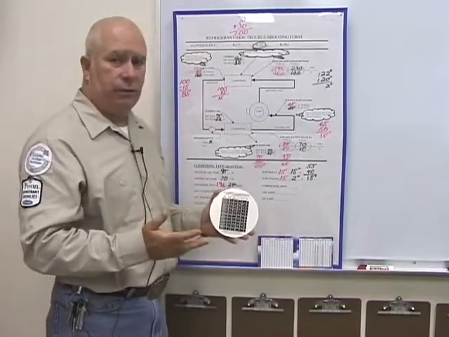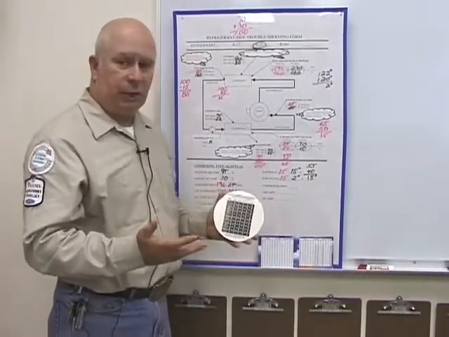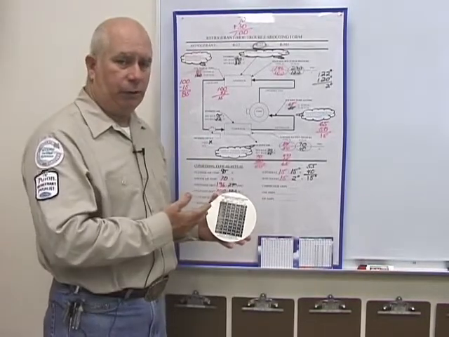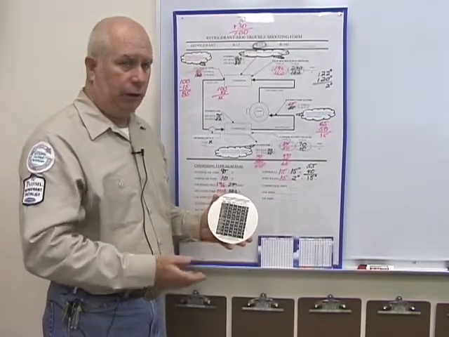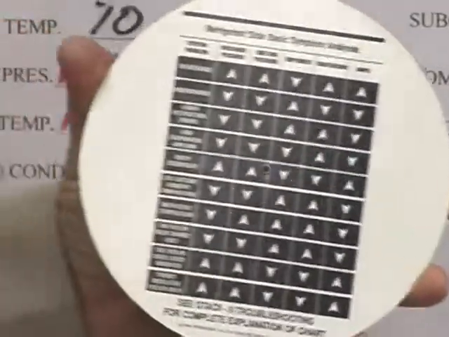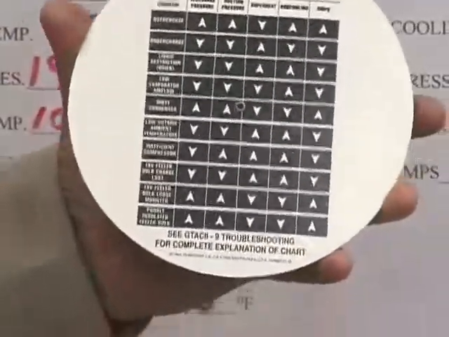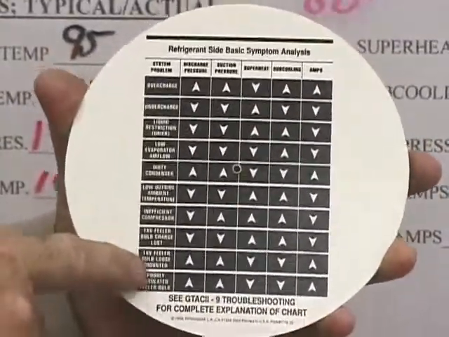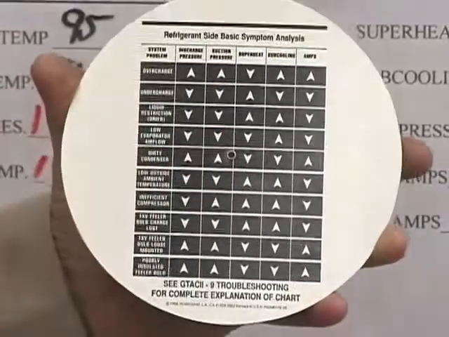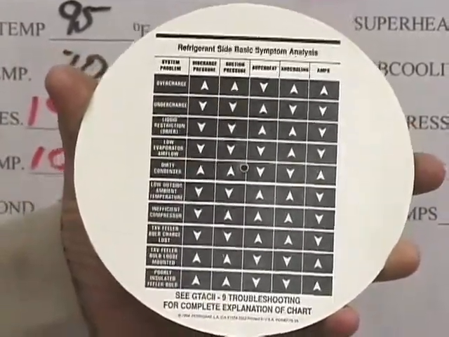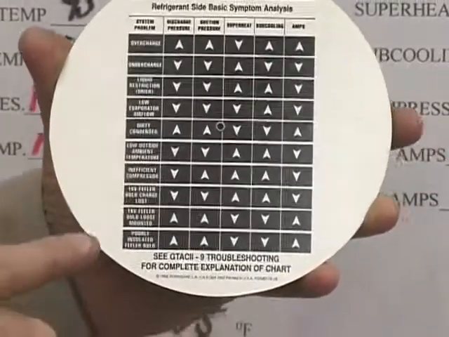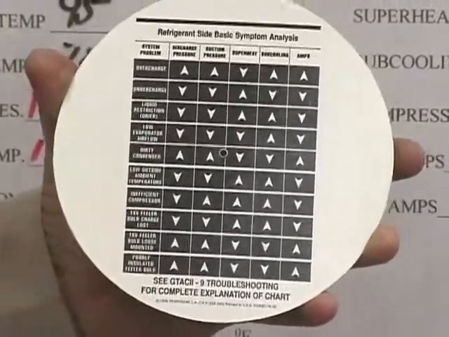Use all your senses, use all the types of gauges that you need, and figure out these problems as you encounter them. And in conclusion, let's think about this process. We know that the two bottom ones here are not a consideration in this problem because we don't have the TXV at all.